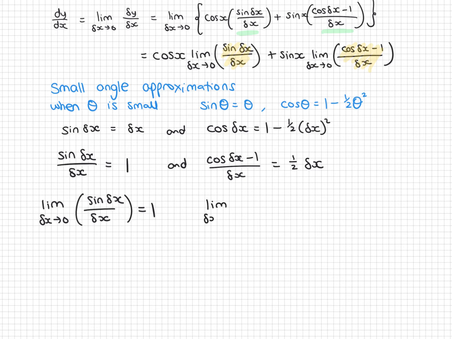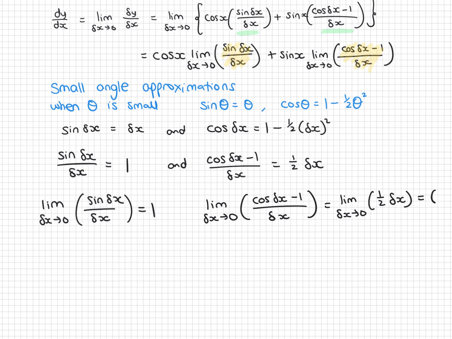And the limit as delta x tends to 0 of cos delta x minus 1 divided by delta x, well, that's just the same now as we've said. The limit as delta x tends to 0 of a half of delta x just goes to 0, because as delta x gets to 0, a half of delta x will also get to 0.